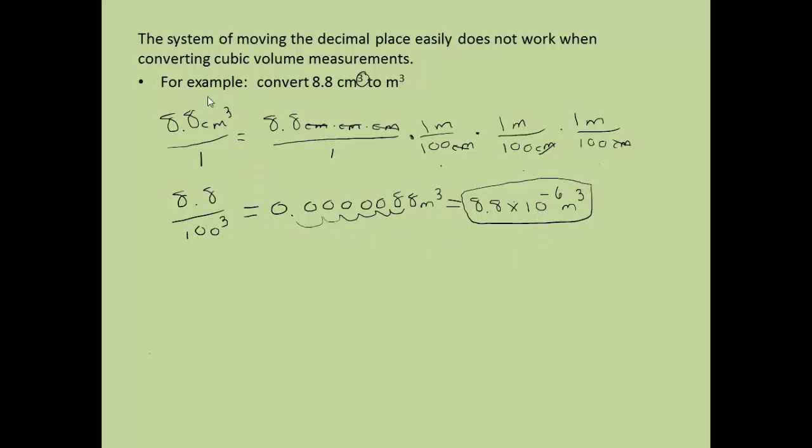So when we're converting cubic volumetric measurements, you have to remember, that was sort of messy. You have to remember to convert each one of the units there. So don't forget each dimension.